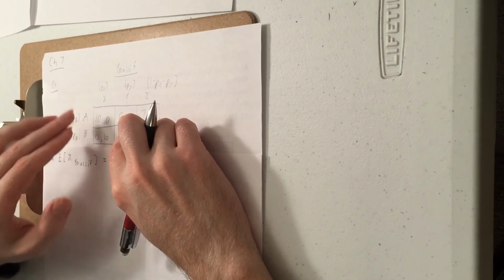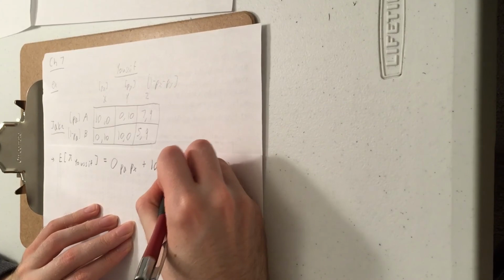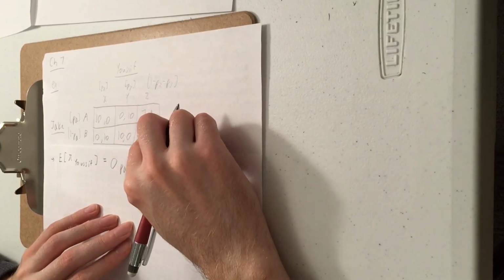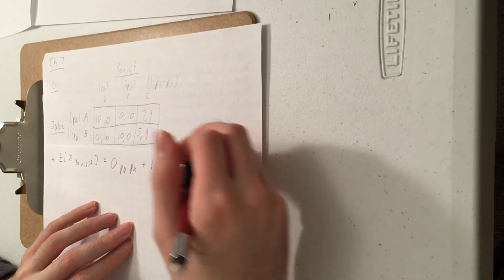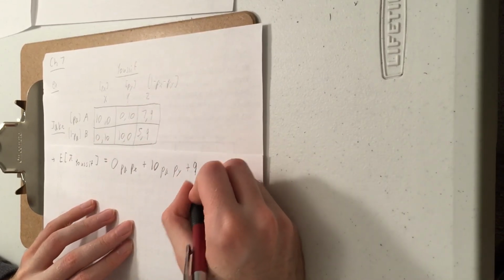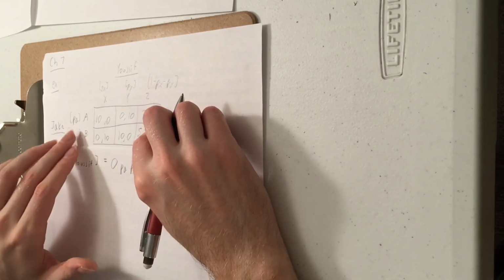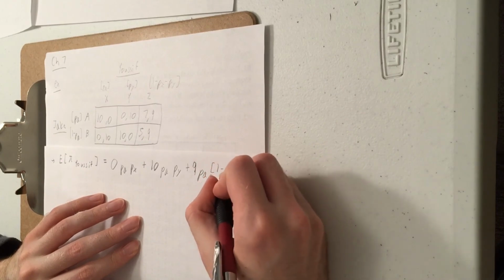Probability of that is PA times PY. Lastly, could get a 9. Well, that's not lastly, it's still another row. But could get a 9, probability PA times 1 minus PX minus PY.